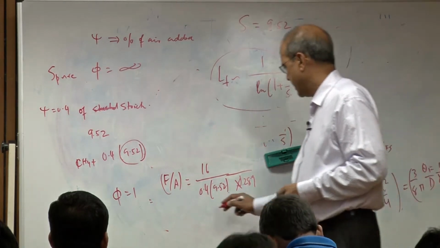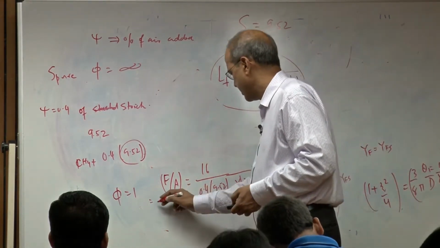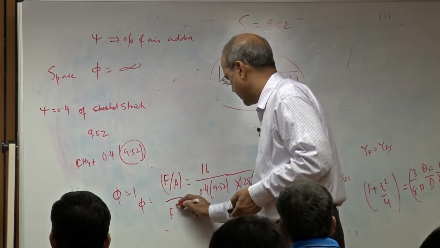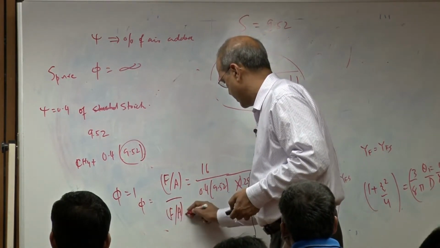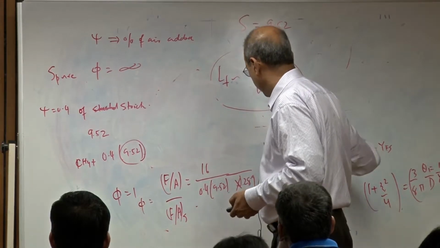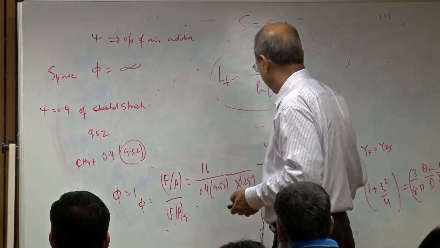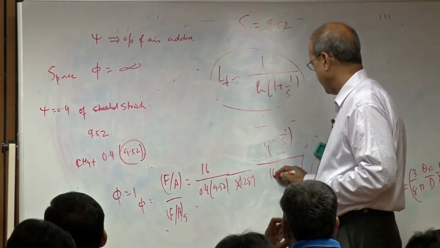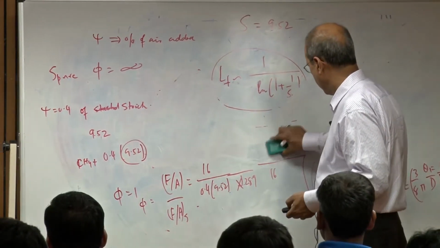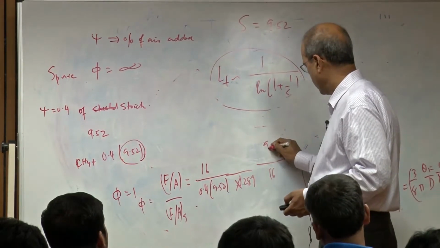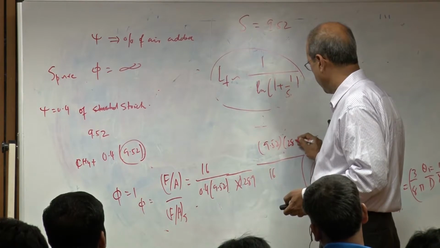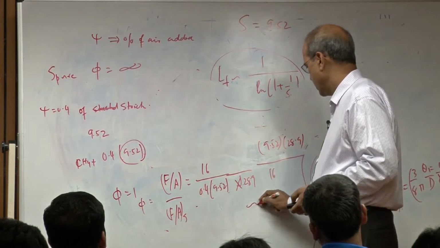And the stoichiometric value for phi stoichiometric is again 16 over 9.52 times 28.9.